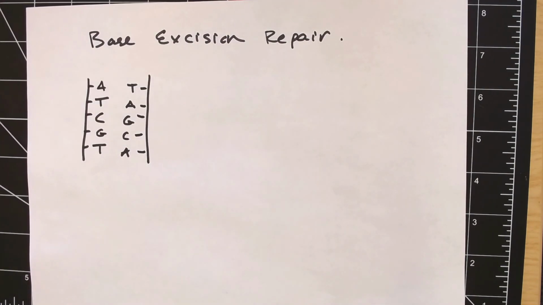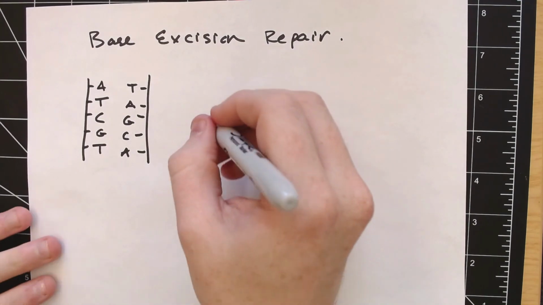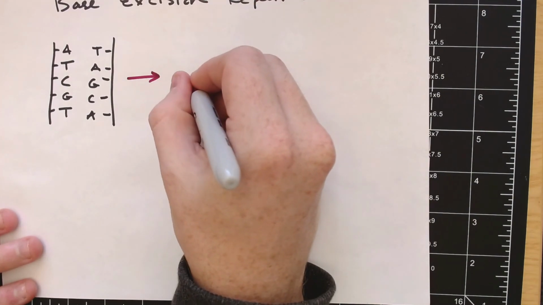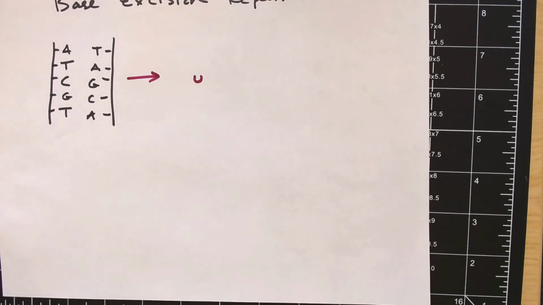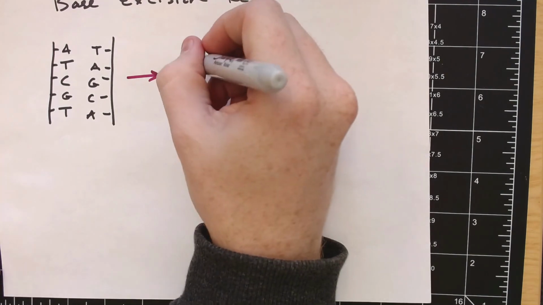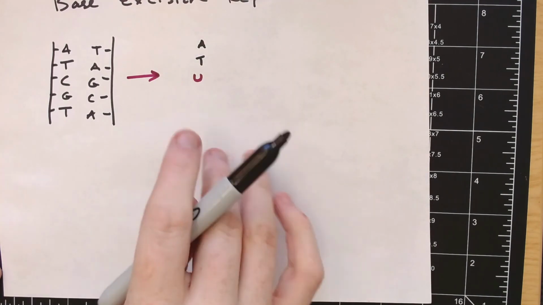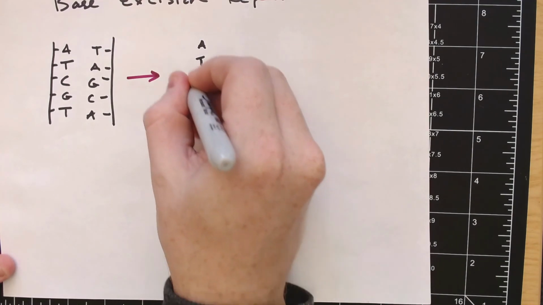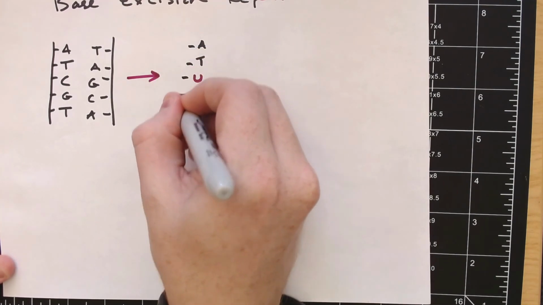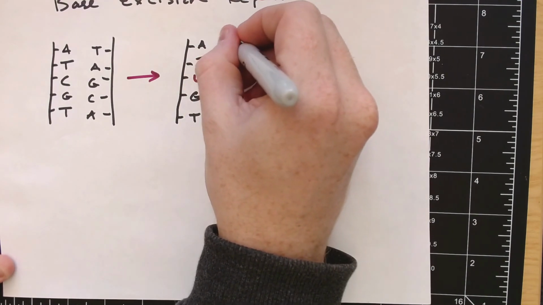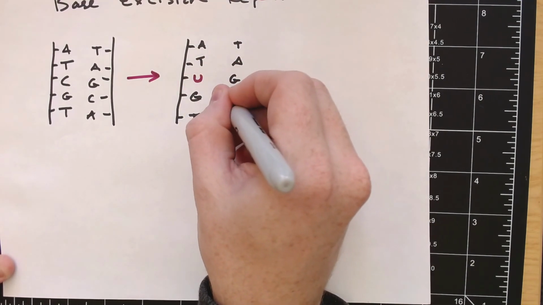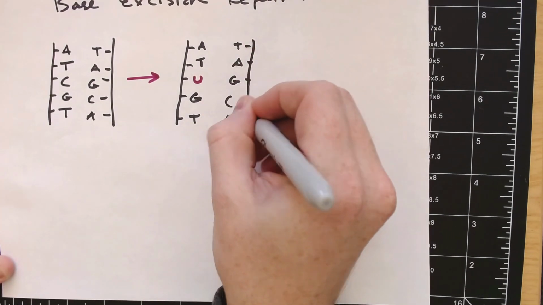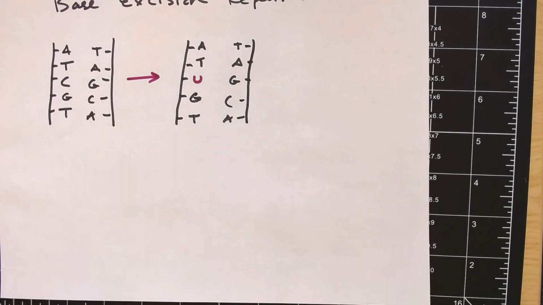Okay, and then through some deamination process here, something might happen to where that C now becomes, say, a U. So uracil would be what you get from cytosine deamination. And so now, in our two strands here, uh-oh, not good at all, right? We've got this problem here.